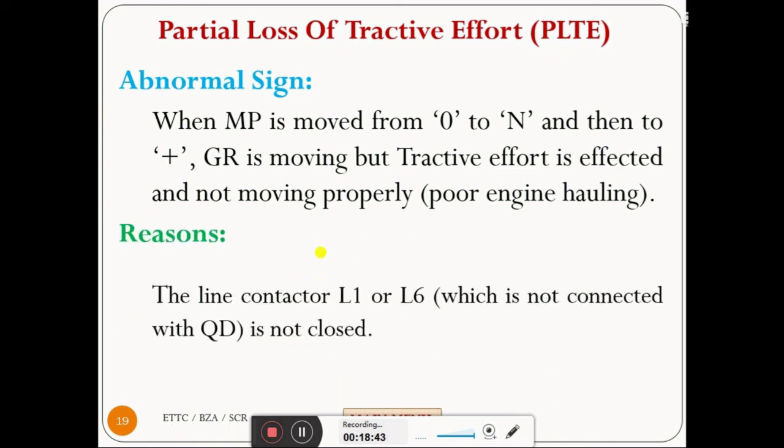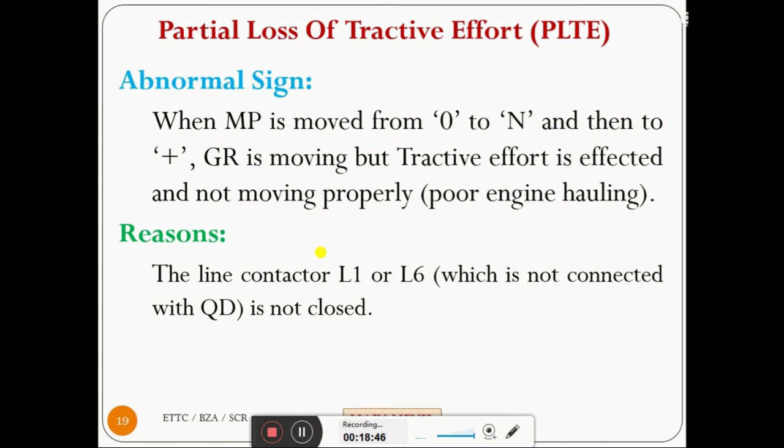Reasons: the line contactor L1 or L6, which is not connected with any QD.